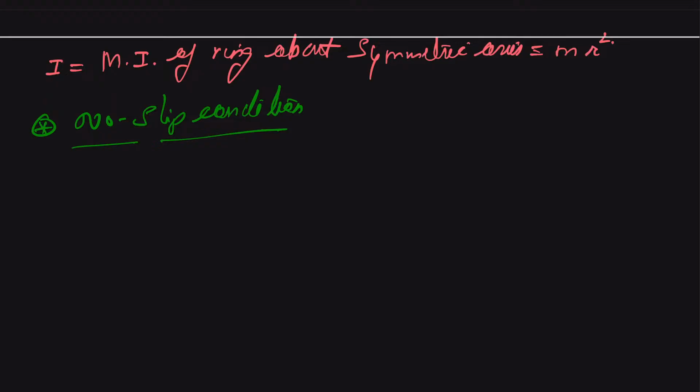And therefore we can write, for no slip condition, our omega times R_E should be equal to capital Omega times R, which basically means that the tangential speed of the ring's center of mass equals the tangential speed of the ring surface at the point of contact.